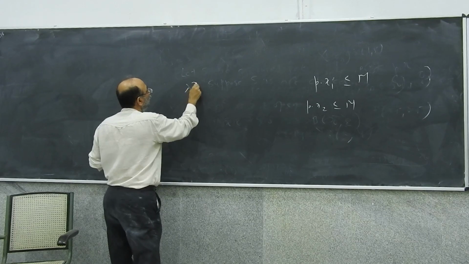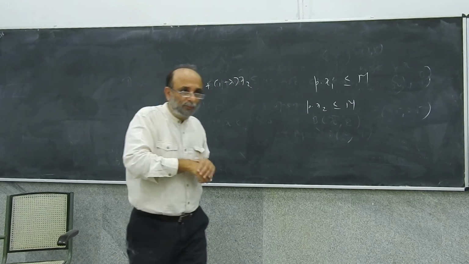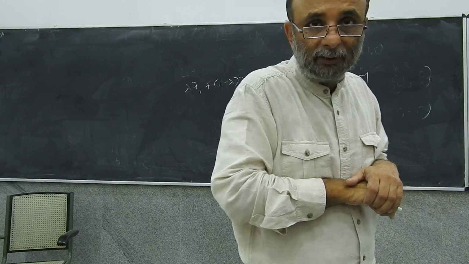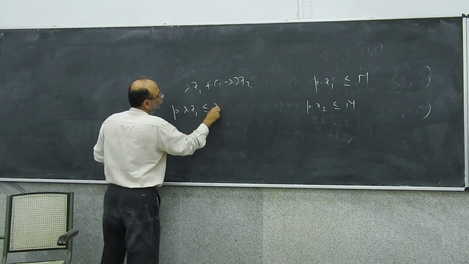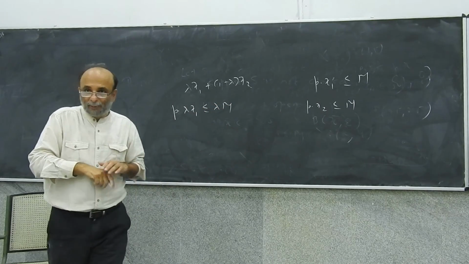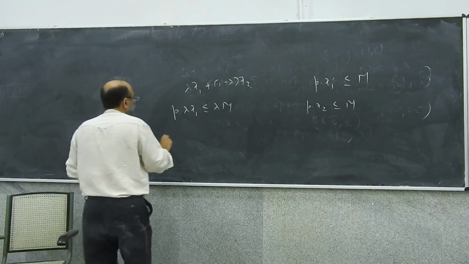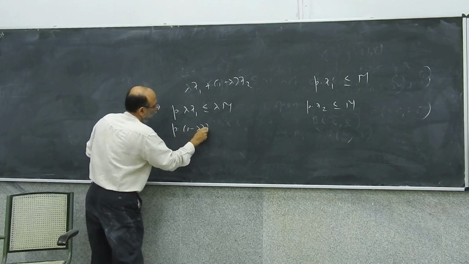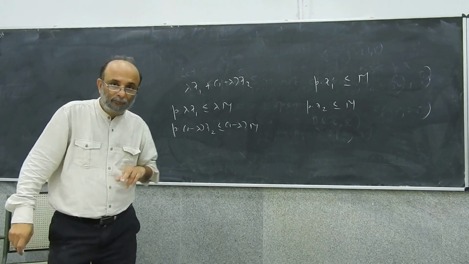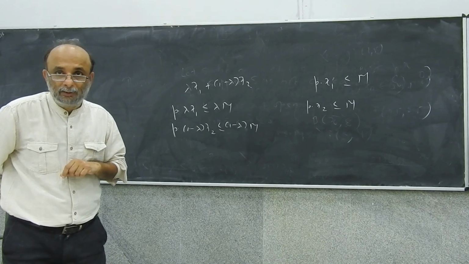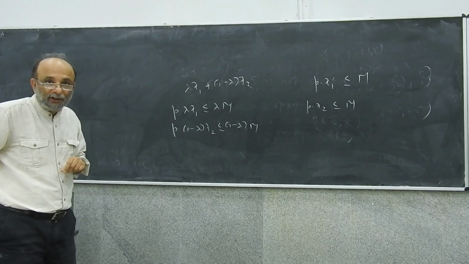So think of the linear combination of x1 and x2. Okay. So we have P dot lambda x1 is less than or equal to lambda M by multiplying lambda on both sides. Right? Sure? Now let me add the two equations. If I add the two equations, what will I get?